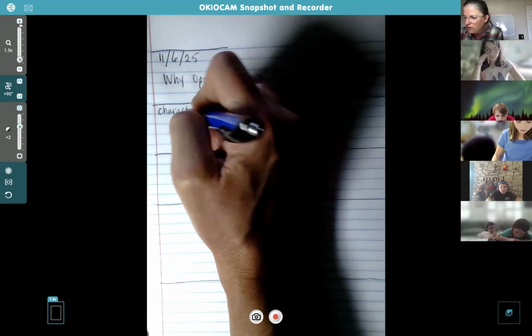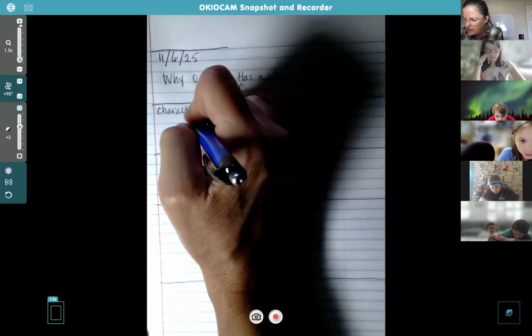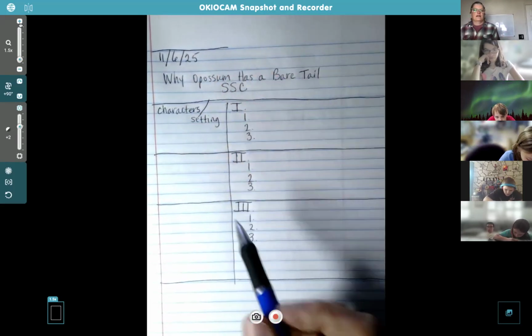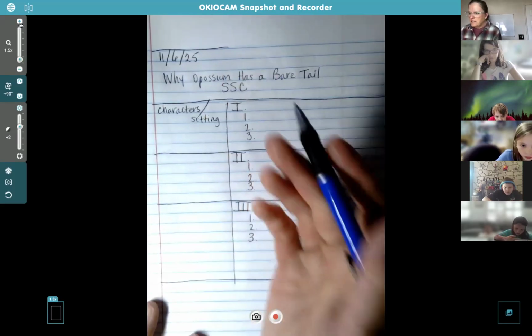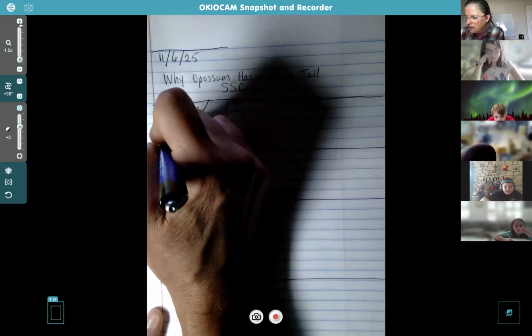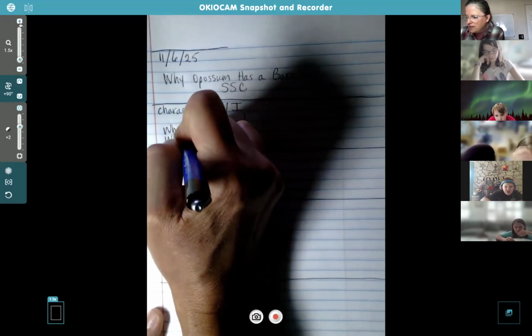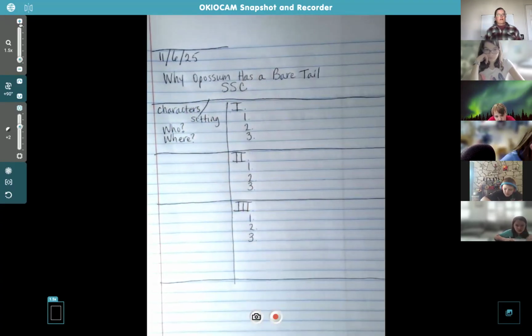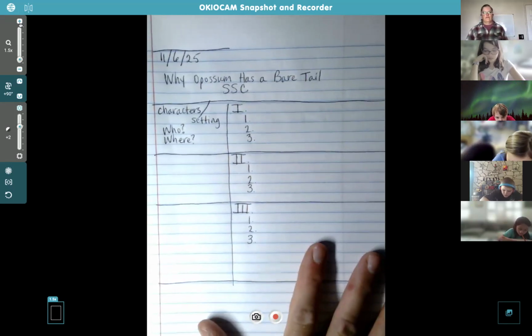Slash, and if you don't have room like me, I don't have room for settings. I'm going to use the line under it here so I can squeeze it in. Setting. Characters slash setting. And you're right, Sydney. It's who? And instead of what, it's going to be where. Who and where, because that's what we're talking about. The setting is where they are in the story.